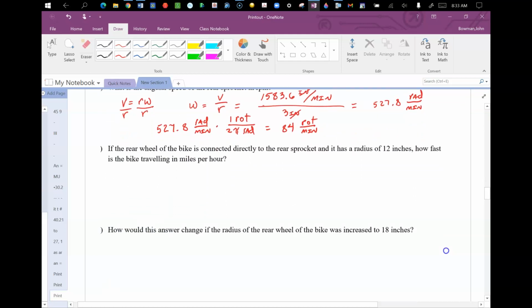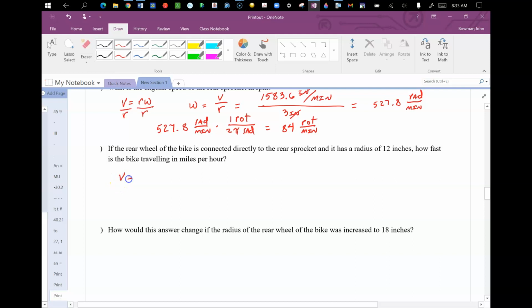So we just have 2 more problems we want to solve here, and the following is: if the rear wheel of the bike is connected directly to the rear sprocket, which is usually the way that is set up, and it has a radius of 12 inches, how fast is the bike traveling in miles per hour?